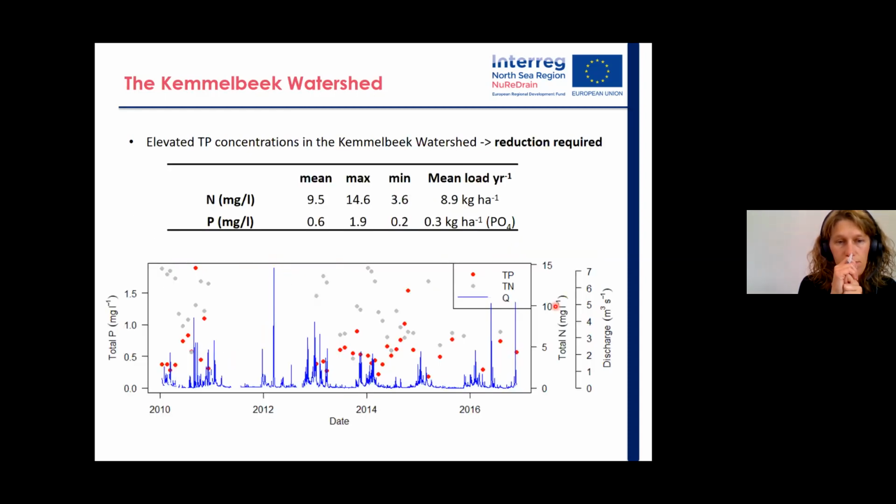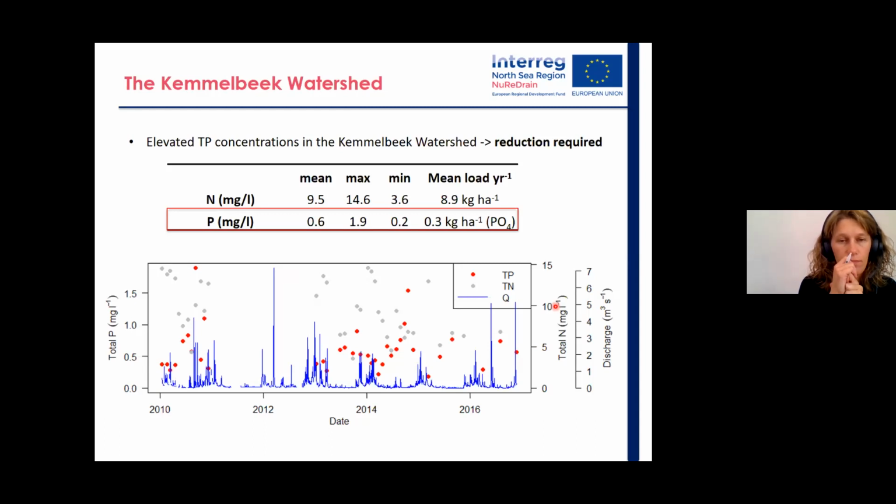Here you can see the concentrations of nitrogen and phosphorus in the watershed. And as you can see, in terms of the target values of the Water Framework Directive from the European Union, the loads of nitrogen do not exceed the target values of 50 milligrams per liter at all, but the phosphorus concentrations by far exceed the target values of 0.15 milligrams per liter.